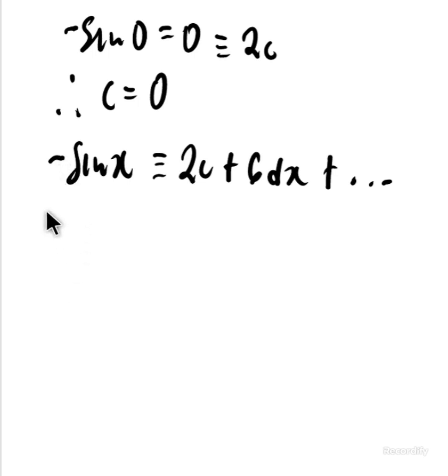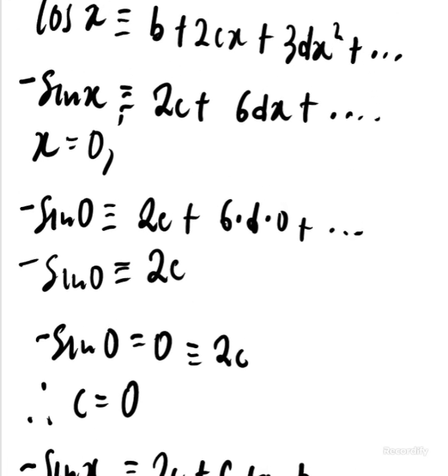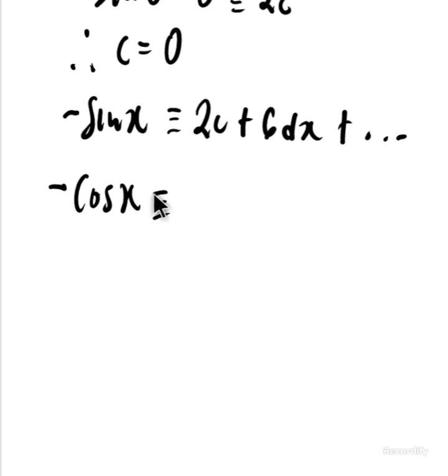If I differentiate this again, that will be negative cos x, because I have the negative outside, equivalent to, if we differentiate 2c with respect to x, we are going to have 0, plus, and then you differentiate 6dx, so I'm going to have 6d. And then now let's substitute x equals 0 as usual.